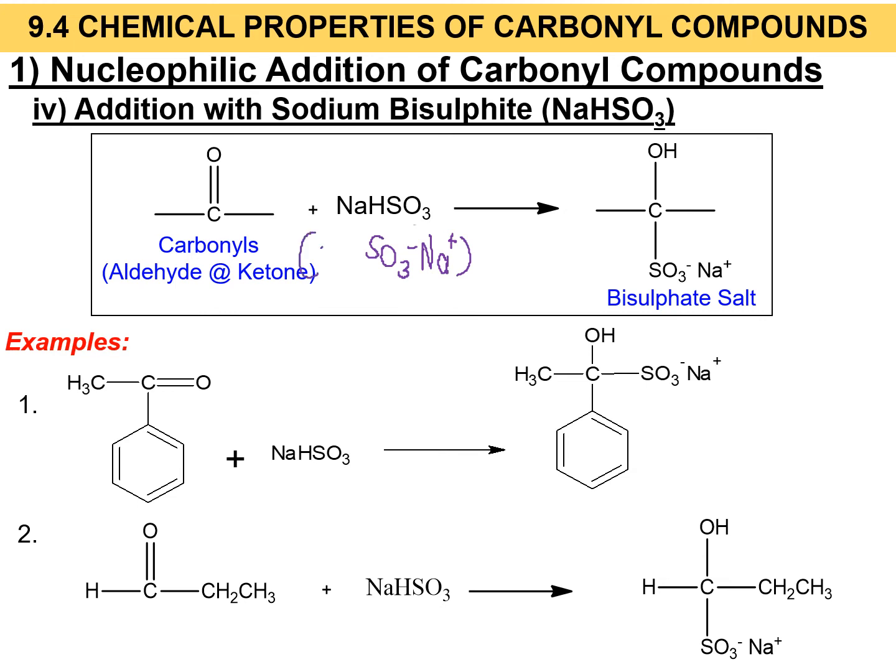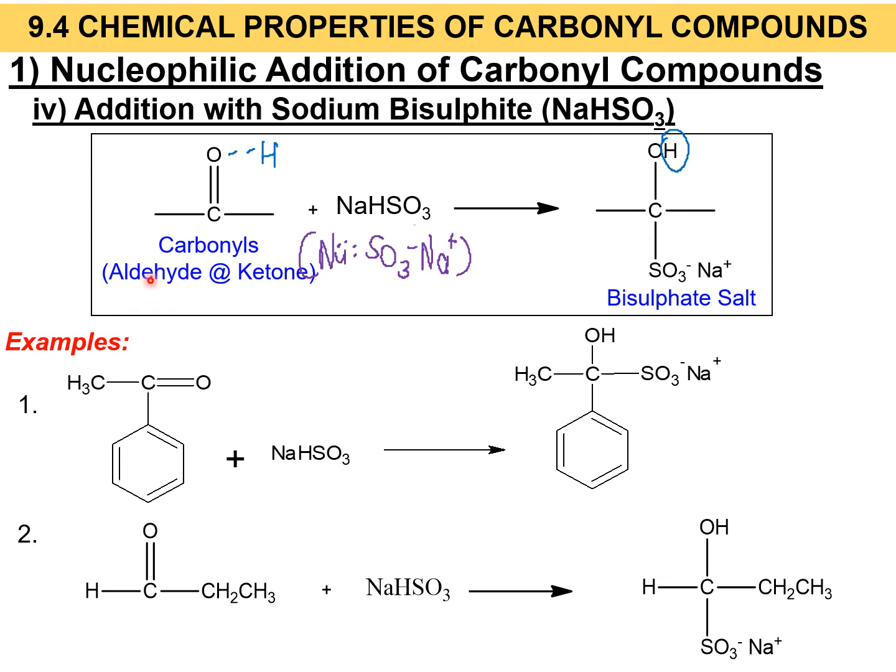So this is the nucleophile of the sodium bisulphate. At this carbon we will add SO3- Na+, which is known as the bisulphate salt. At the oxygen we just add a hydrogen atom.